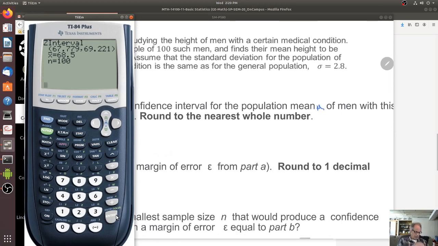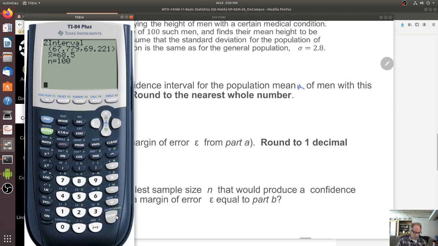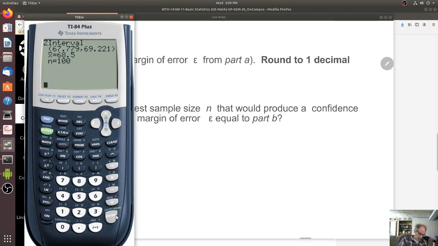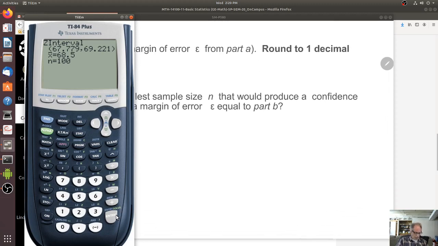Additional problem. Find a 90%. I already did that. Determine the margin of error. Round to 1 decimal. I already did that. What's the smallest sample size that would produce a confidence interval for mu with a margin of error epsilon equal to part B?